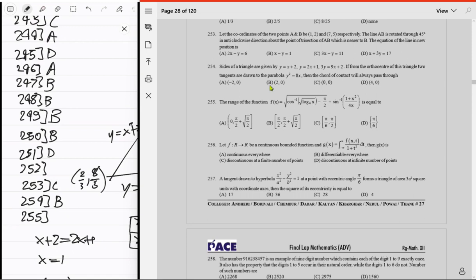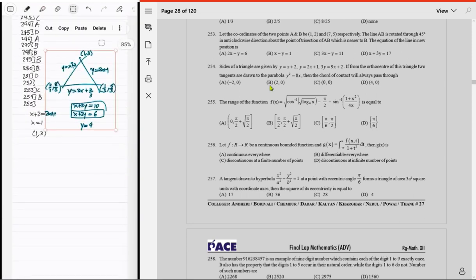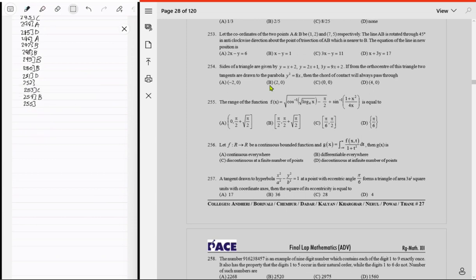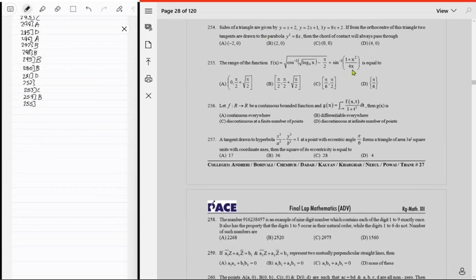255. 55 is the range of the function. Okay, this function is equal to square root of cosine inverse of log base 4 of x minus 5 upon 2. Where did we start from? I don't remember it.